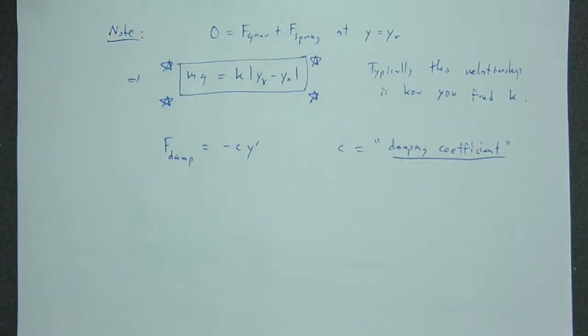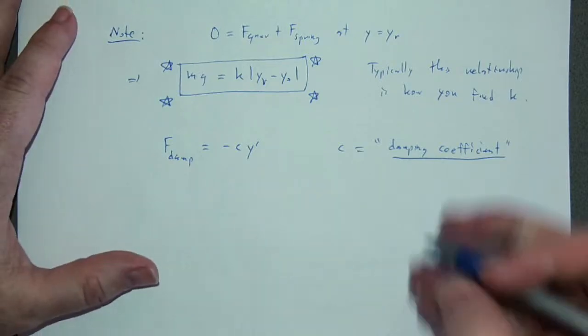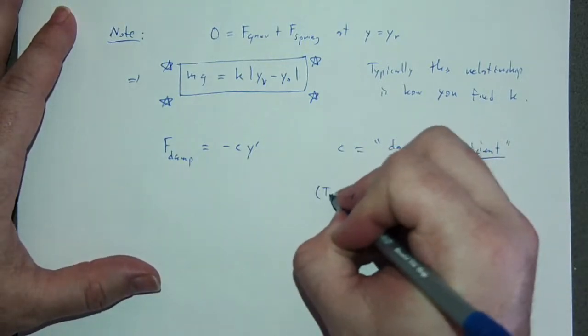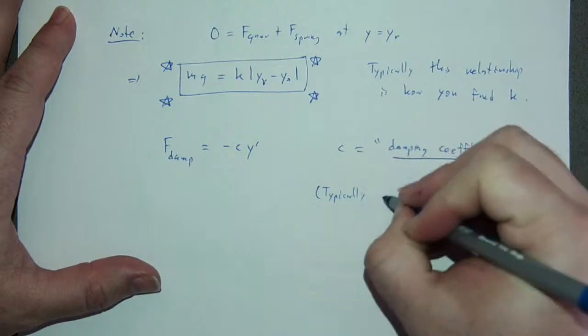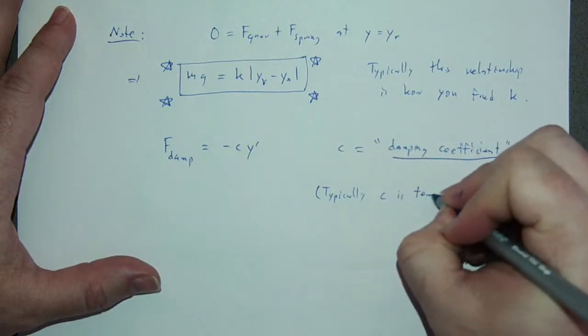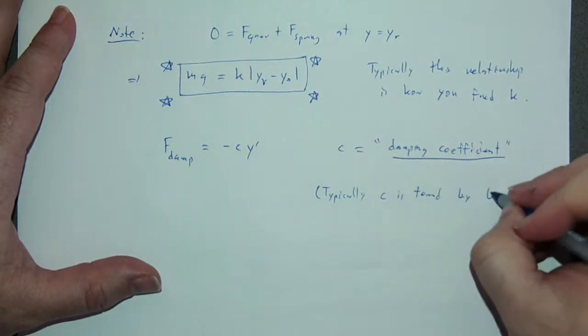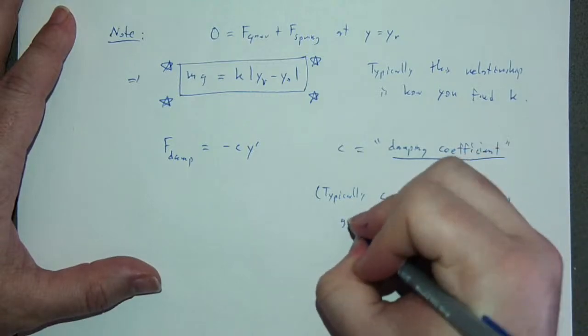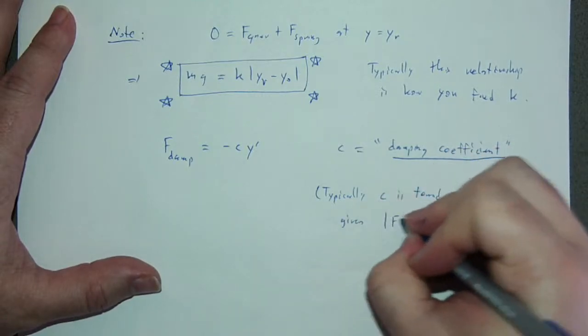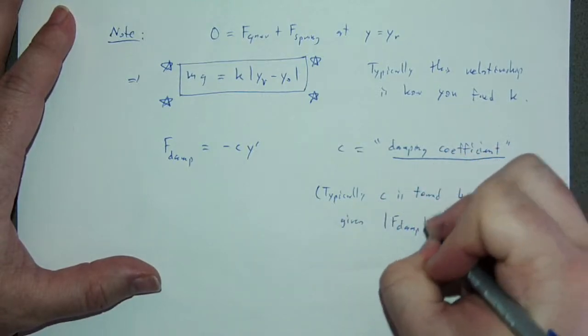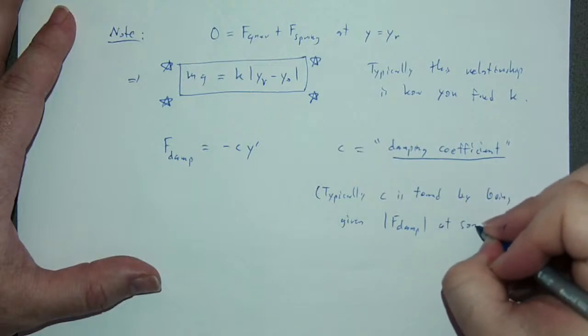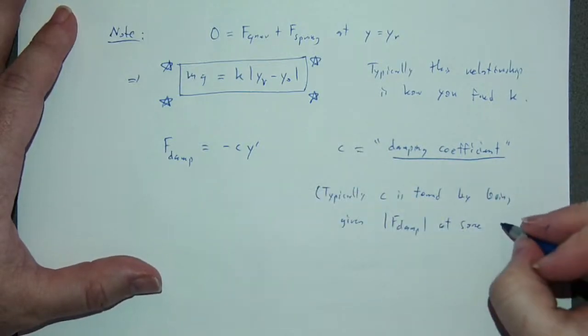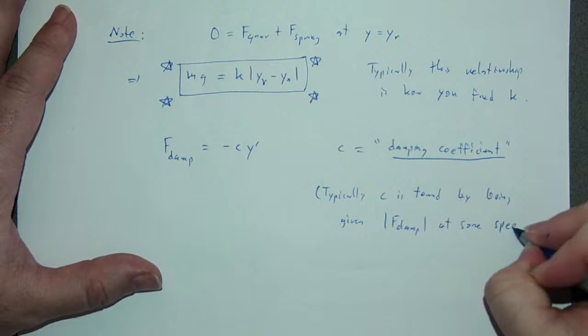This damping coefficient is typically also not given to you. You would have to find it. How would you find it? Typically, c is found by being given the magnitude of the damping force at some time, or at some velocity or speed.